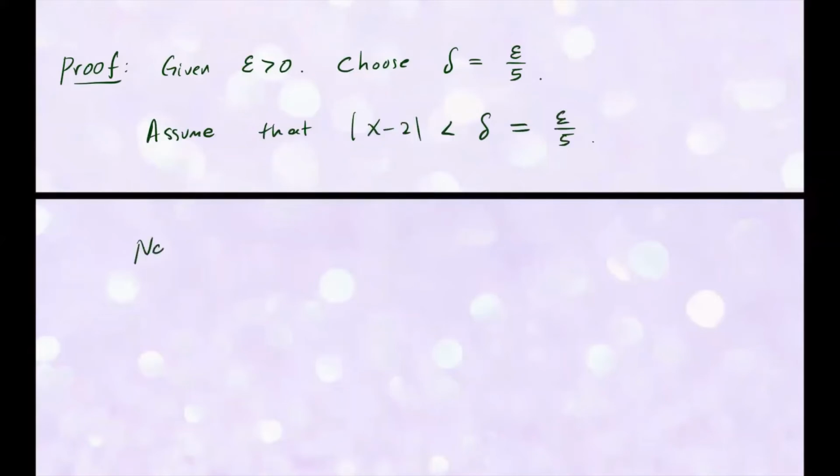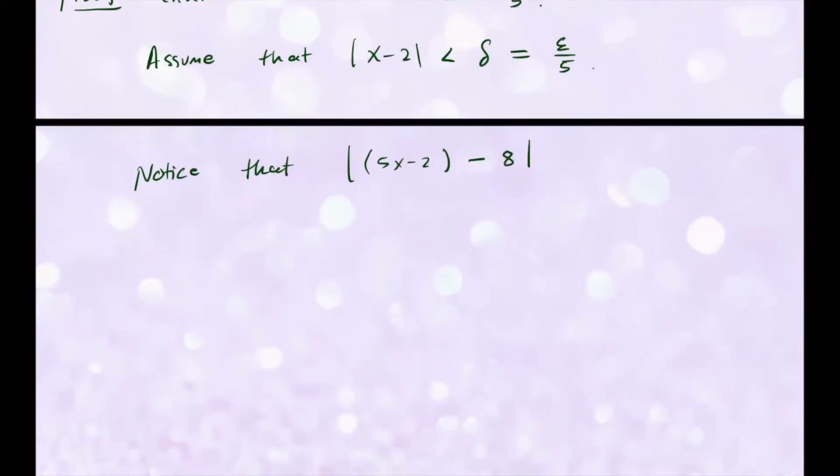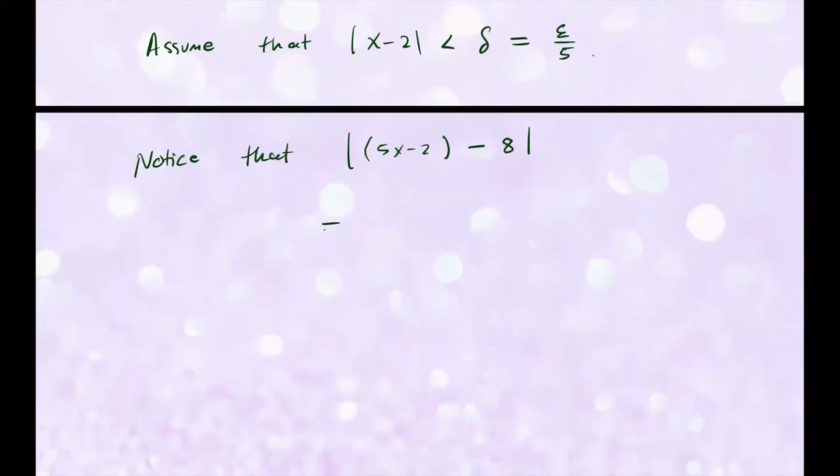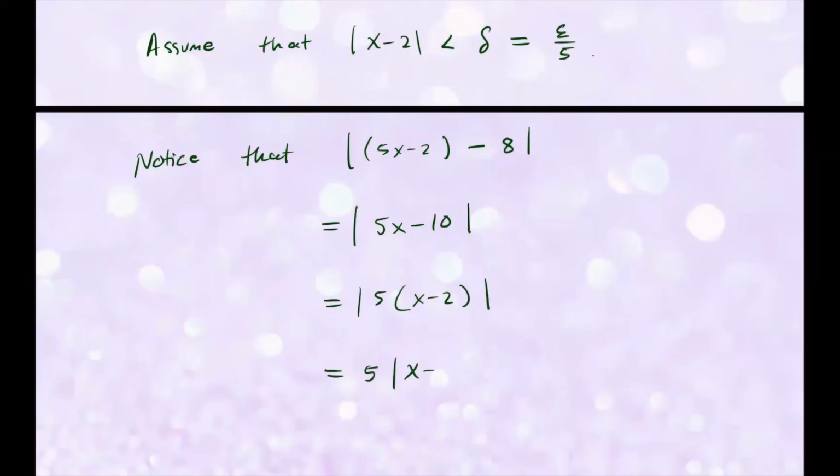Notice that we wanted to show that the distance between our function f of x, which in this case is 5x minus 2, minus L, which is 8 in this case, is less than epsilon. But before that, let's notice what this simplifies to. This is equal to the absolute value of 5x minus 10, and that is equal to the absolute value of 5 times x minus 2, and that's equal to 5 times the absolute value of x minus 2.